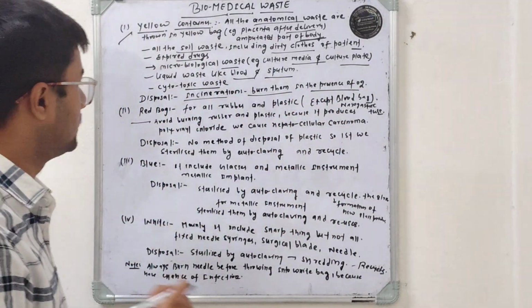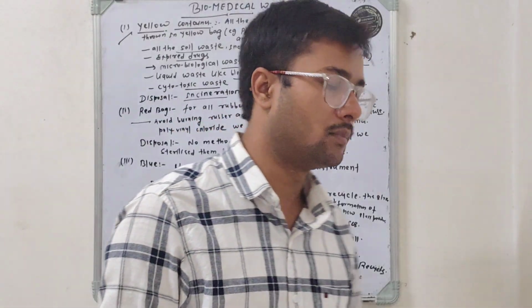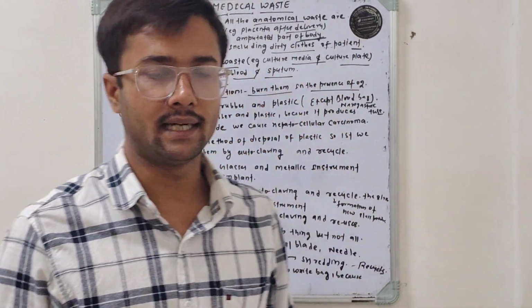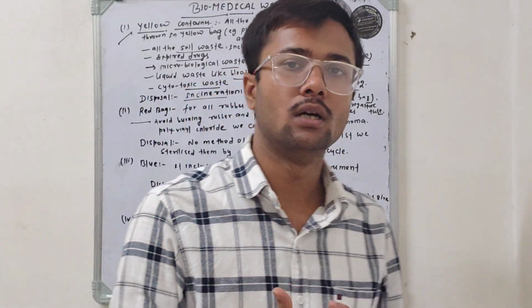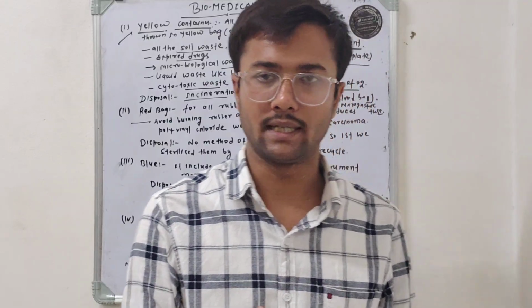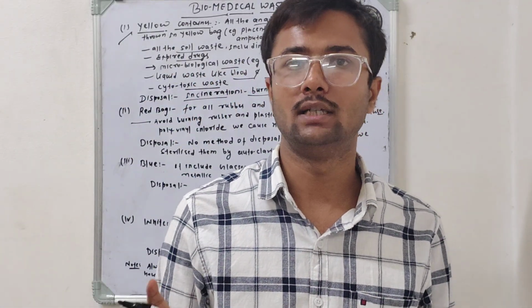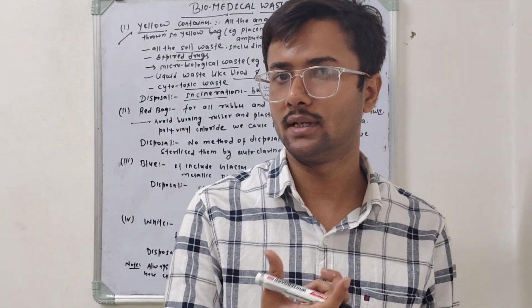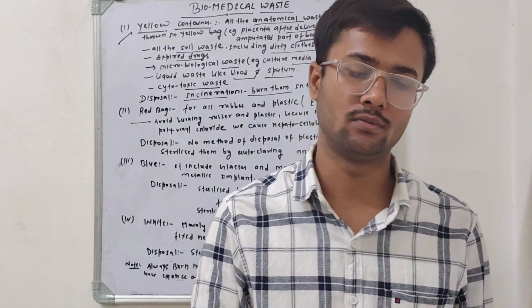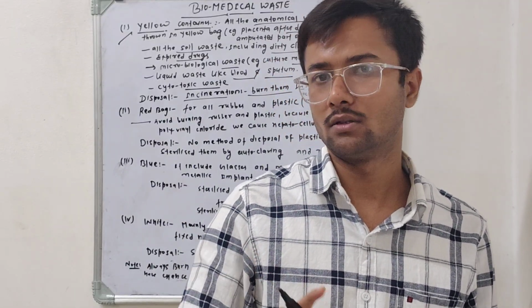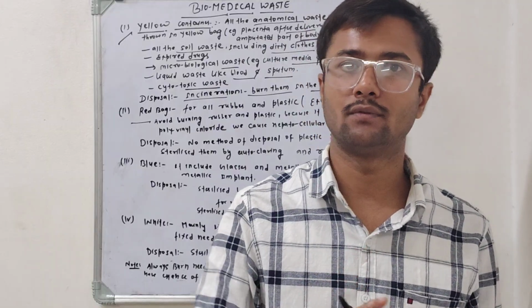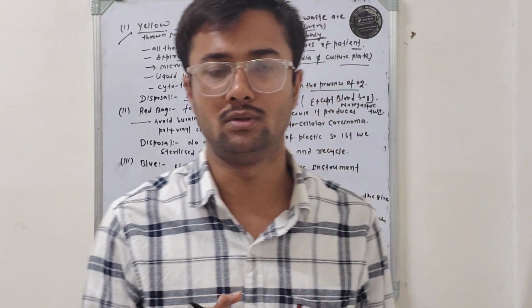Okay, so now in the red category, which types of waste do we throw? In the red category, we mainly throw rubbers and plastics, except the blood bag and nasogastric tube, because these blood bags and nasogastric tubes are highly infectious. So we do not take any risk for recycling or reuse.